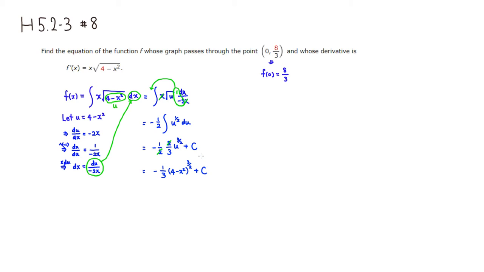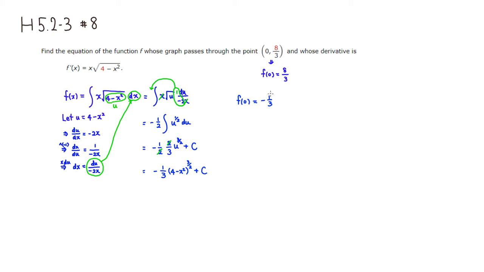This is the best we can do from the derivative. So I'm going to use the given condition, f of 0 has to be 8/3. If you plug in x equals 0 here, you're going to get negative 1/3 times 4 minus 0, so 4. Raise it to the 1/2 power to get 2, and then raise it to the third power, so 8.